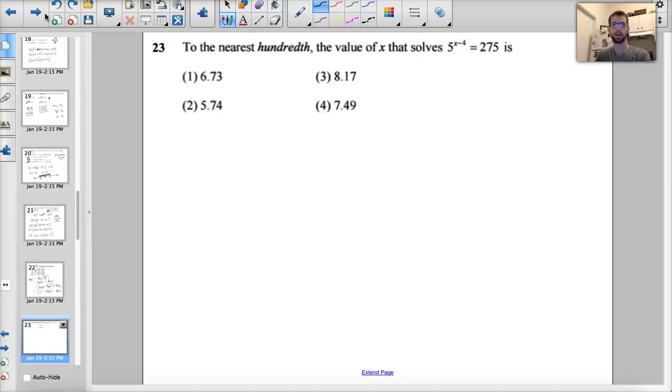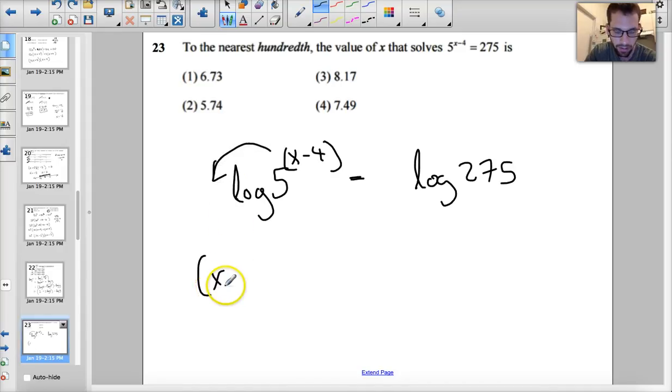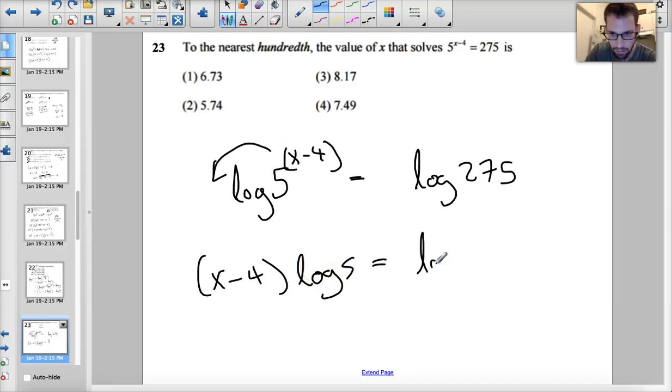Number 23. All right, so it says to the nearest hundredth, the value that solves this equation is what? So I've got the x and the exponent, so I'm going to log both sides to get it out. Now, this thing in the exponent is going to get kicked to the front, so I get x minus 4 times log of 5 equals log of 275.